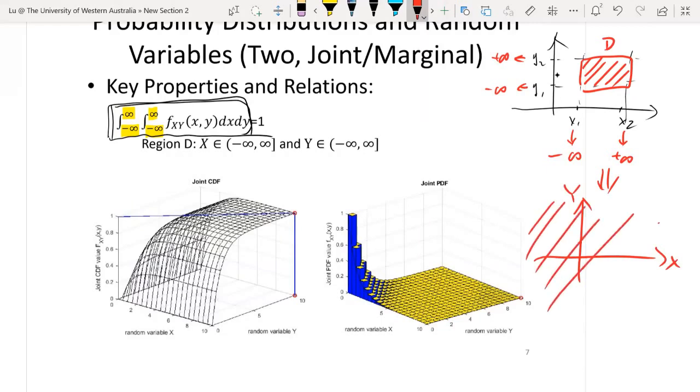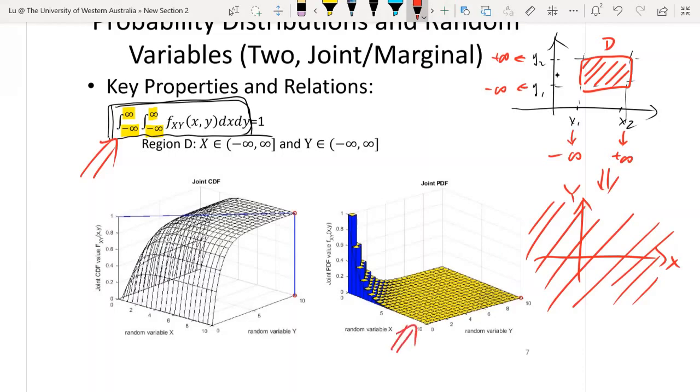xy plane everywhere. Now this calculation is asking us to evaluate the probability that the x and y values fall into this whole plane. Of course, the result is 100%, which is 1. Or in other words, this left-hand side is evaluating the total volume of all the possible columns within the xy plane.